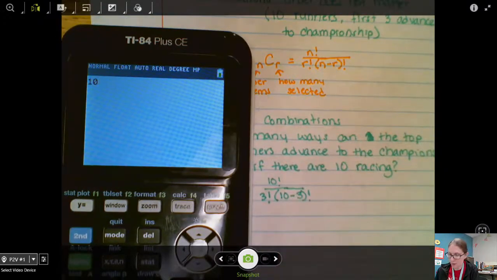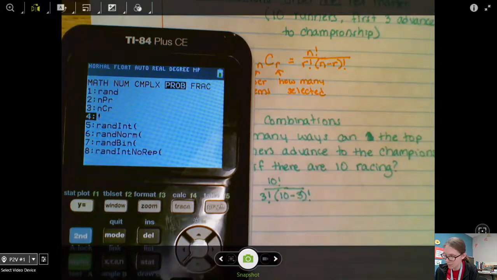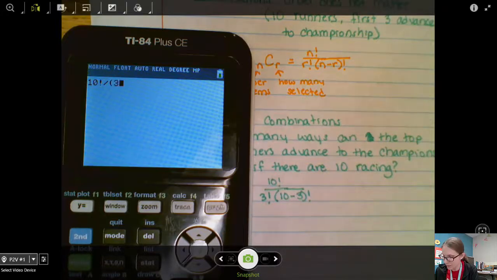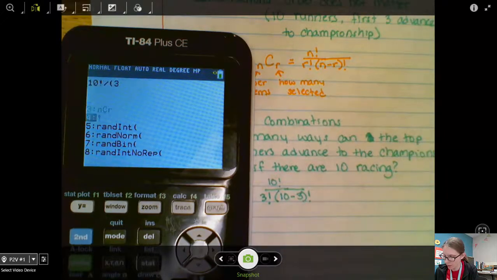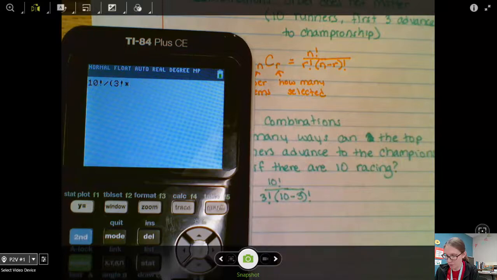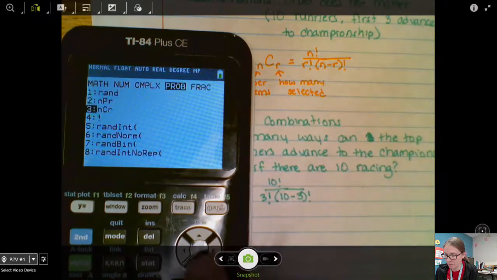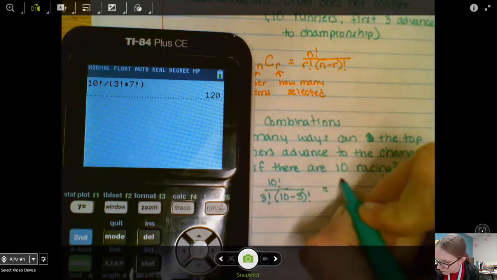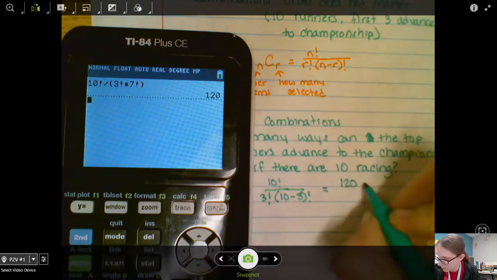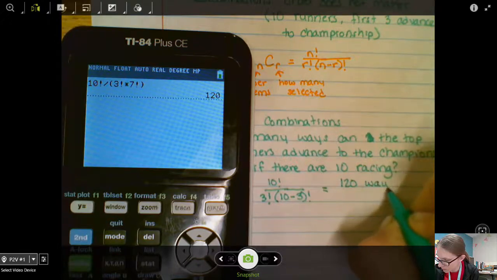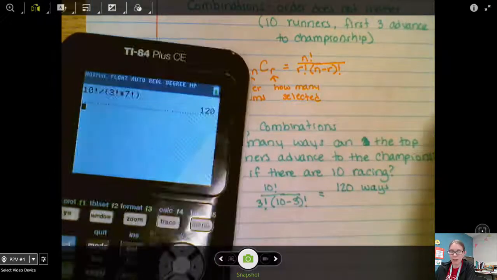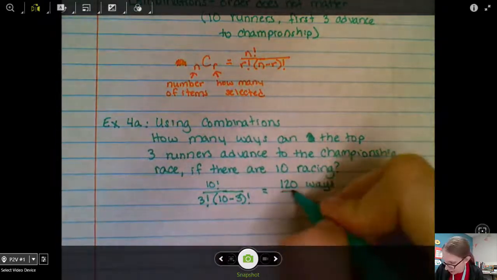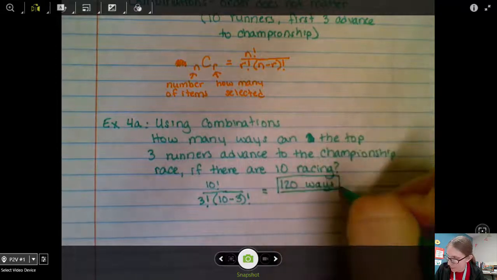So make sure when we type this in, we have 10 factorial divided by parentheses 3 factorial times, and then again, I'm just going to write this as 7 factorial. There's 120 ways, 120 different groups of people that could advance to that championship race if we only have 3 that advance.